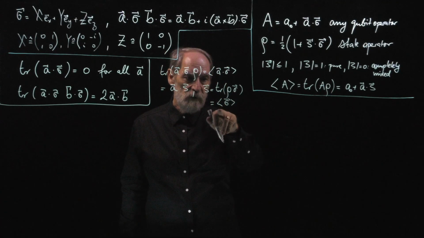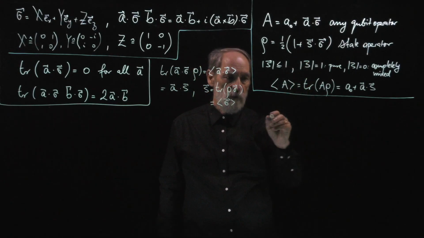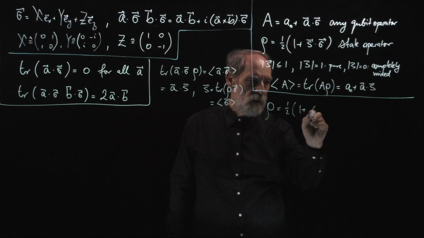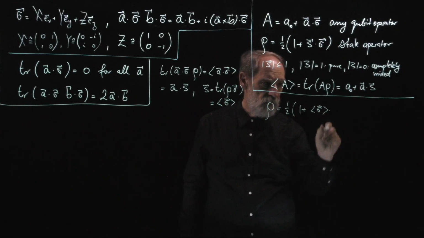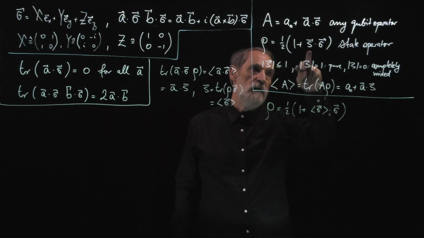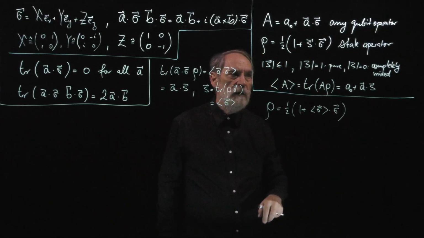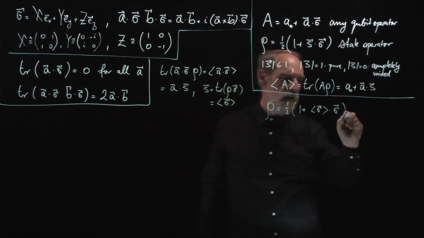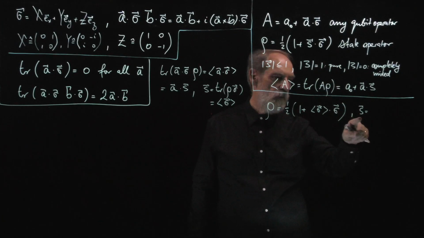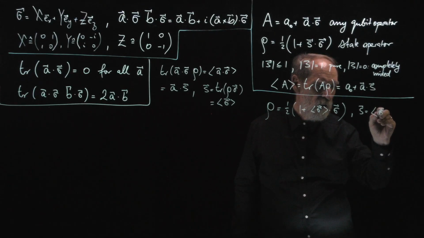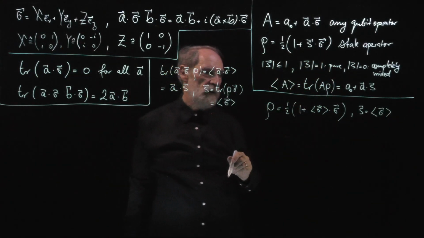And since this is true for S in general, we can also write rho as half of 1 plus the expectation value of the sigma vector times the sigma vector. So this is a numerical vector that's just equal to S, and this is the sigma. So this is simply a different way of writing that by identifying the S vector, the Pauli vector, Bloch vector, whatever is your preferred terminology, as the expected value of the Pauli vector operator.